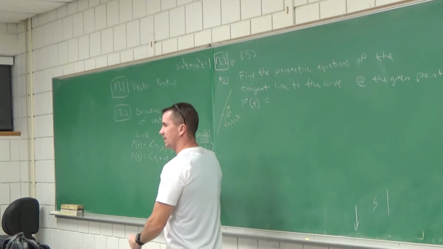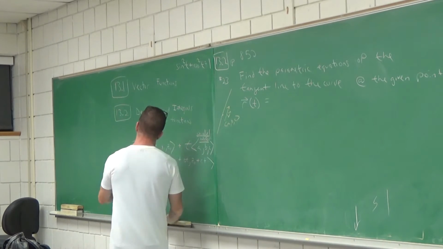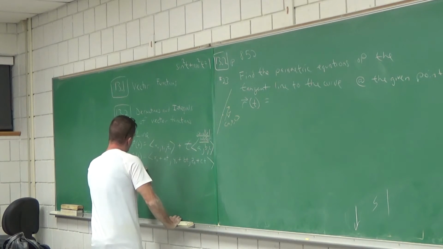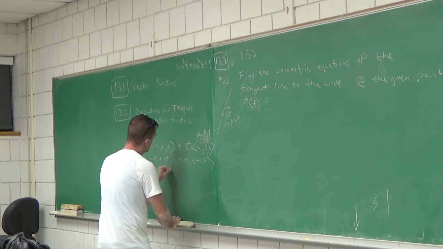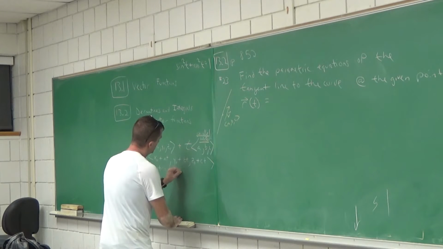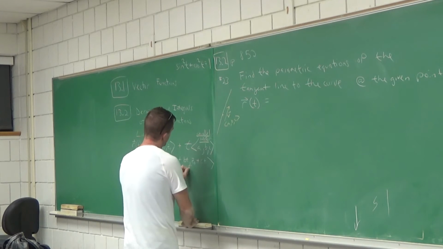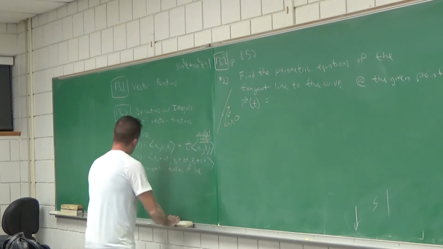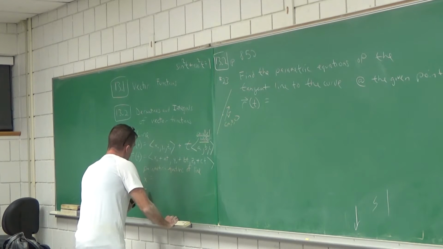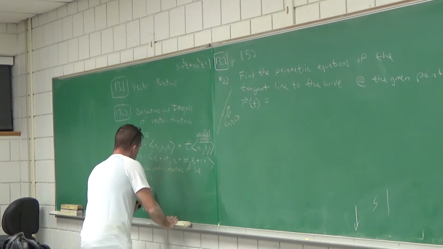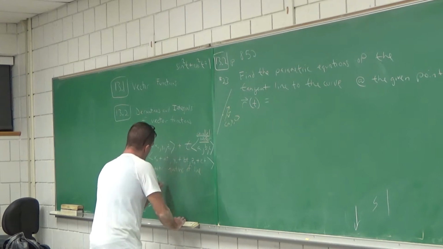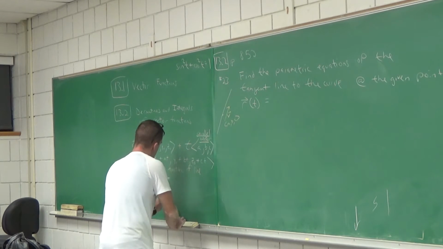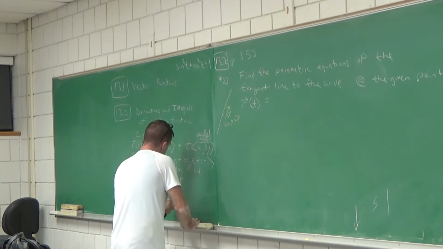So another way I can write this, if they say the parametric equations, this was in vector form, right? Then what are the parametric equations of a line? x equals, y equals, z equals x naught, y naught, z naught, plus t times, and what's in front of these t's?